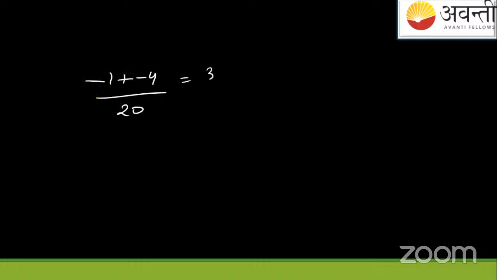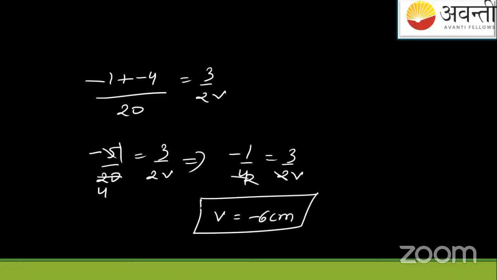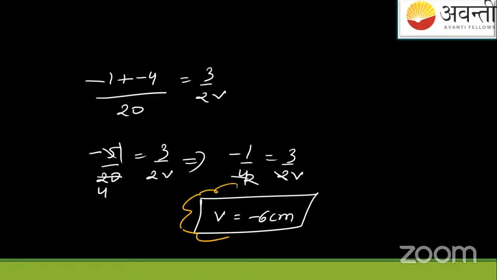And this is 3 by 2V. This will be minus 5 by 20. This is 3 by 2V. Finally, this will give you minus 1 by 4, 3 by 2V. Final value of V will be here equal to how much? Minus 6 centimeter. And this is the final answer. Okay? V equals minus 6 centimeter is the final answer.